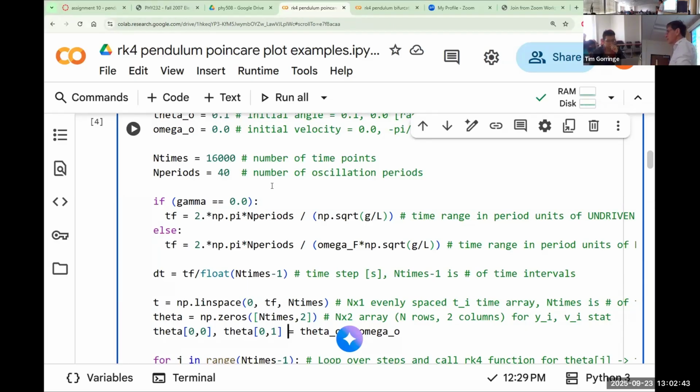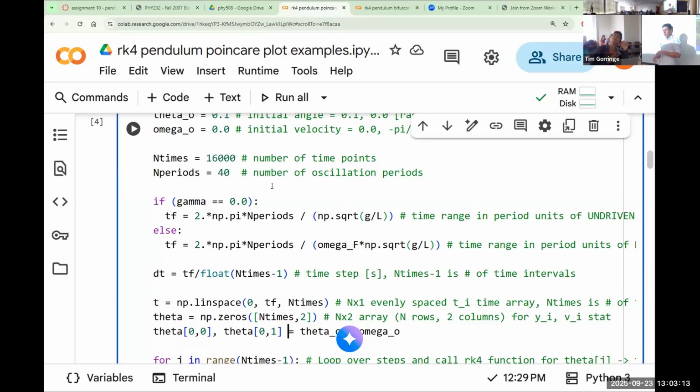The time is 80 pi, so 40 periods. I want 40 natural periods if I don't have a driving force, and 40 driving periods if I do have a driving force.